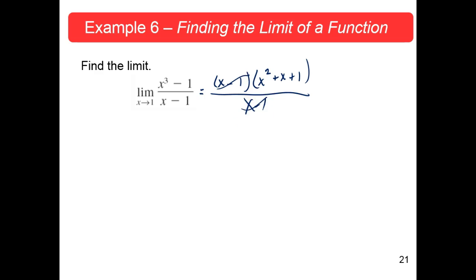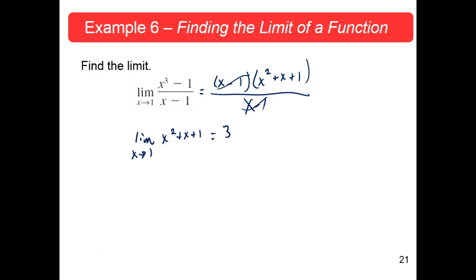Now, what's the limit as x approaches 1 of x squared plus x plus 1? Say again? 3? Is that what you said? Not quite 1, right? So you can't say 0 over 0 equals 1. In this case, that indeterminate form produced 3.